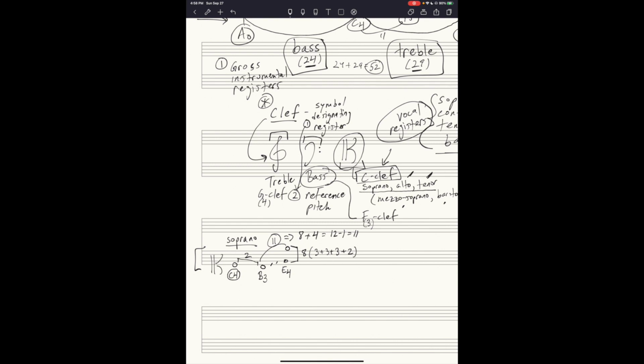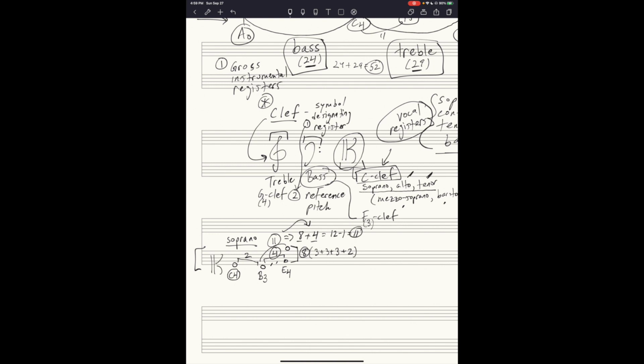But remember, we have several overlaps here, and we have to subtract out those overlaps. There are 3 of them to get our octave. So we have here a fourth, here an octave, and again, as we've already done, an octave plus a fourth is a 12th minus 1, which yields 11.